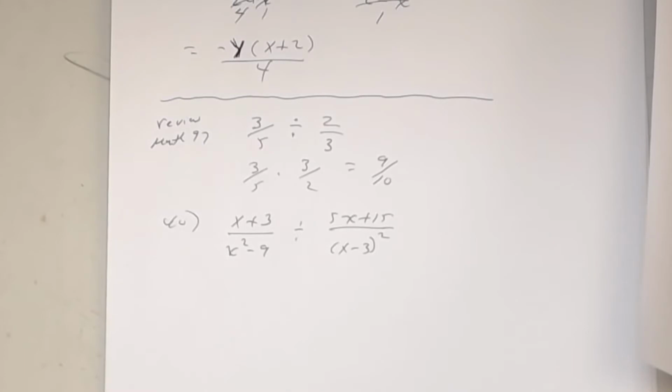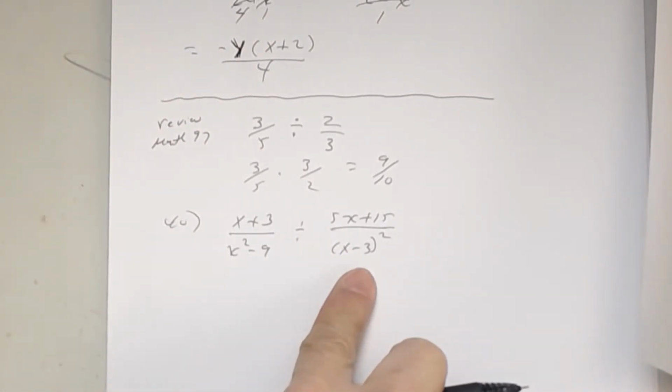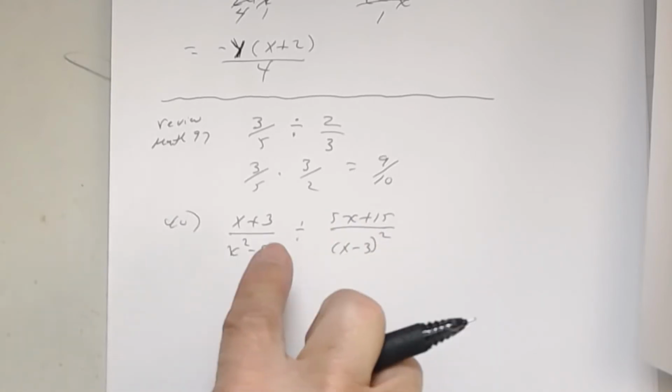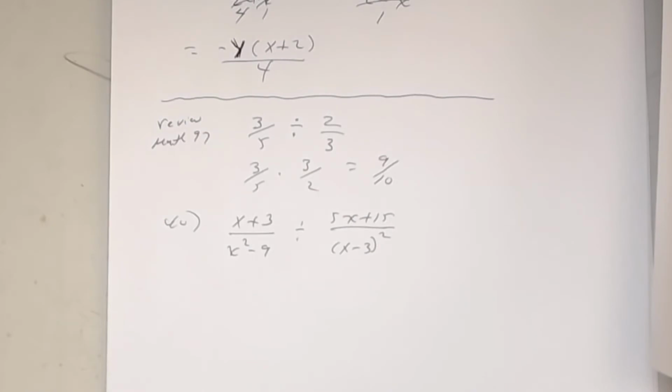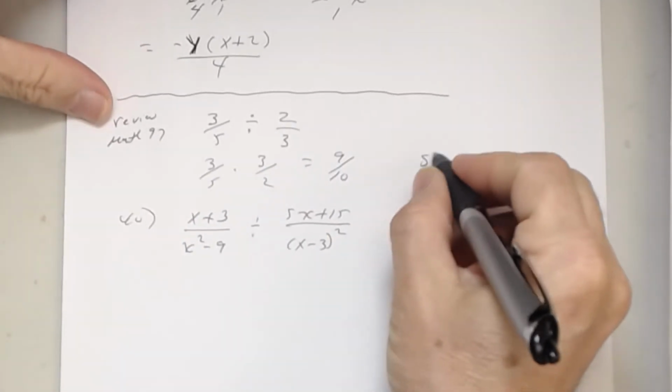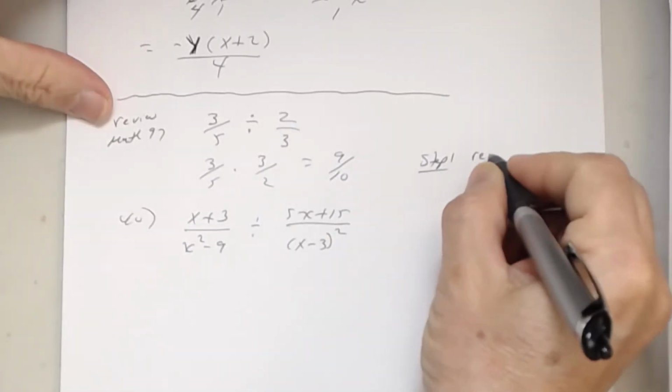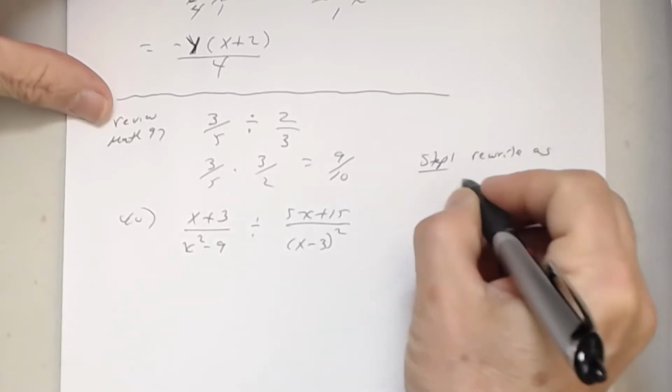So that rational expression is being divided by this rational expression, which is 5x plus 15 divided by x minus 3 squared. Now we're not multiplying, but we're dividing. Before, step 1 was to factor and step 2 was to reduce. In this case, step 1 is to first change it to a multiplication problem. So step 1, rewrite as a multiplication.